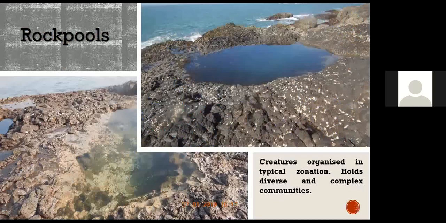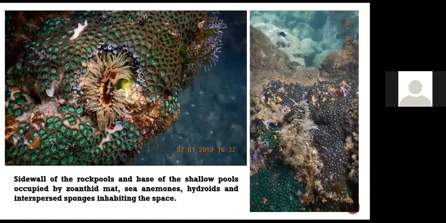So rock pools. Rock pools are the most interesting stuff at the rocky shores. We can call a rock pool an ecosystem in itself, because there is huge diversity, and you can see these pictures. These are the lateral walls of these rock pools. There are many individuals.